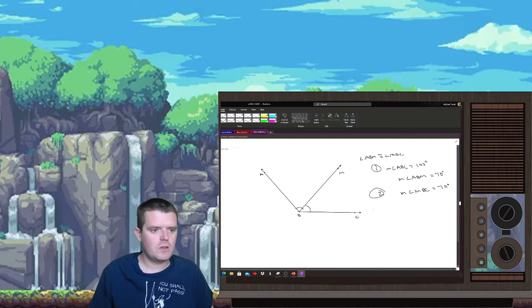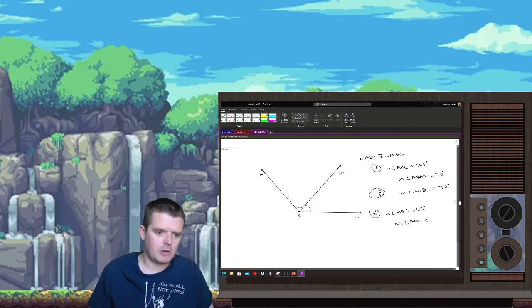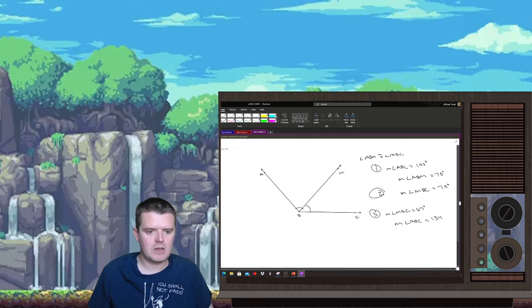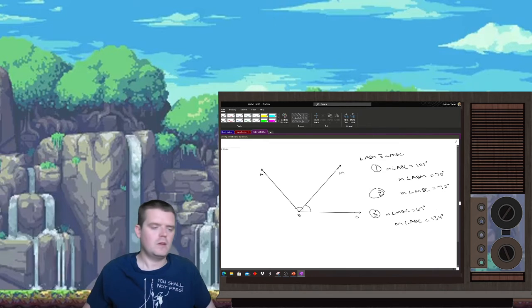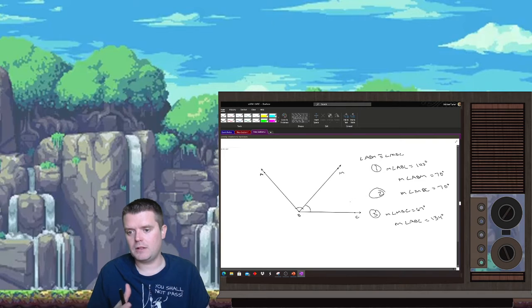And I could also go the other way. Let's say I told you that the measure of angle MBC, given that BM is a bisector, is 67 degrees. Well, then based on that, if I asked you for the measure of angle ABC, that's twice as big as the smaller angle, so double 67, you'd get 134 degrees. Now, some of the questions are as simple as that, either doubling or taking the half of the larger angle.